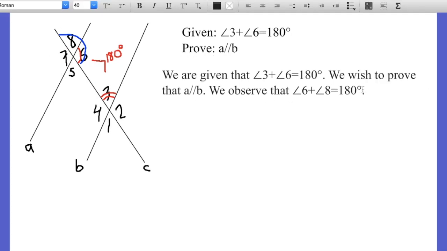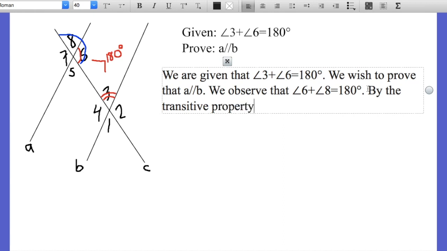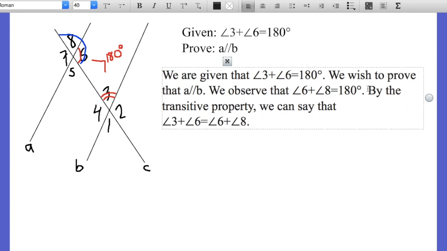So by the transitive property, we can say that angle 3 plus angle 6 goes through 180 to arrive at angle 6 plus angle 8. The transitive property basically replaced the 180 with these two statements here.